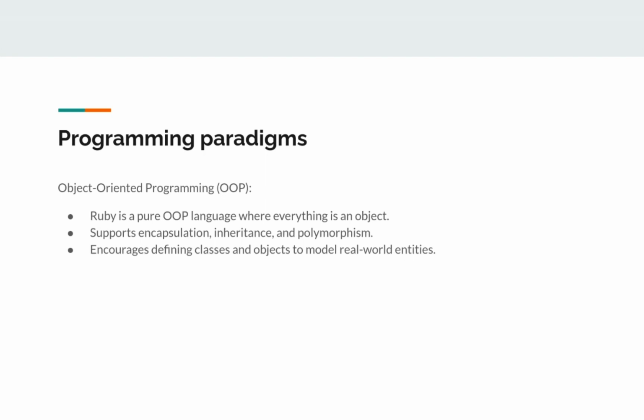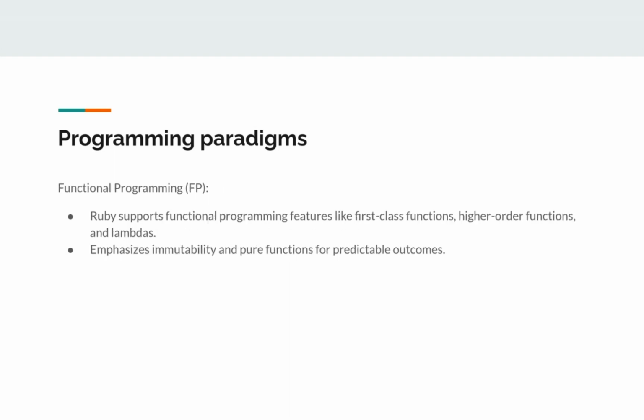Even methods are treated as objects. It supports standard object-oriented programming features such as encapsulation, inheritance, and polymorphism, and it also encourages defining classes and objects to model real-world entities.